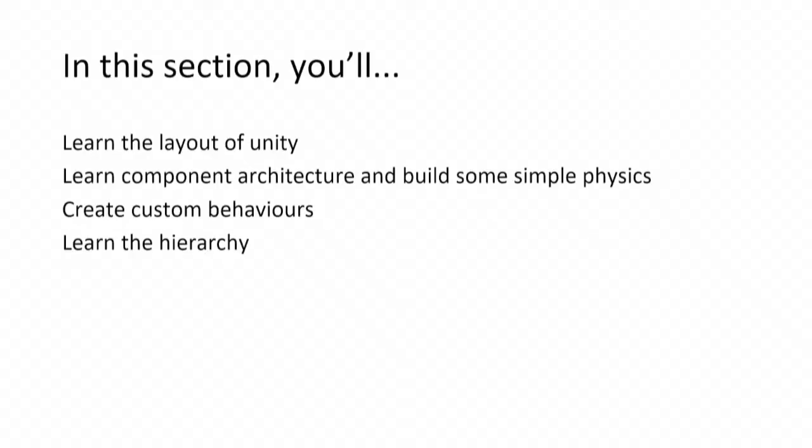In this section, we're going to cover learning the layout of Unity. We're going to learn the component architecture of Unity, how components speak to each other, and build some simple demonstrations of physics. We're going to create some custom behaviors so you can start to see how you can script game objects. And lastly, we're going to learn the hierarchy that Unity is based on.